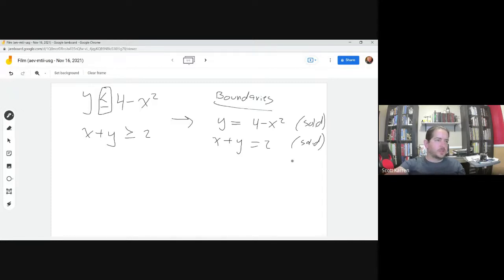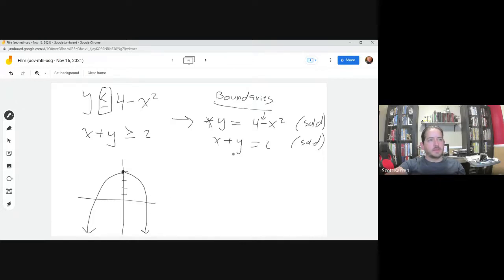But I should know what these look like. I should be able to say this first one is a parabola that starts here at 4, which is the vertex, and it's an upside down parabola because there's a negative in front of my x squared. And so it looks like that.